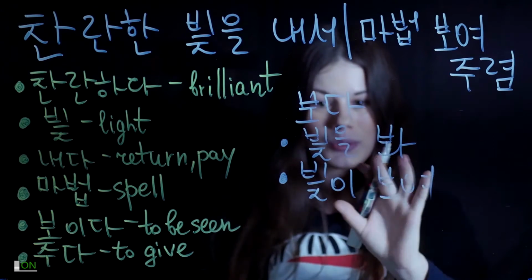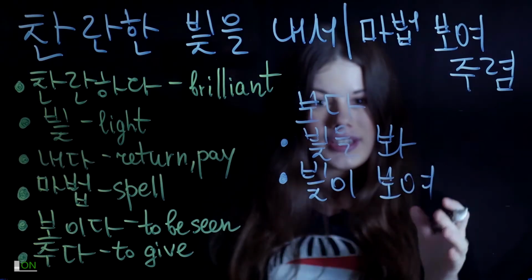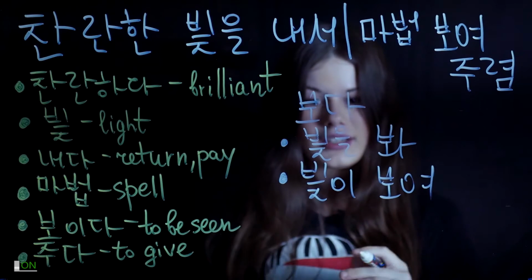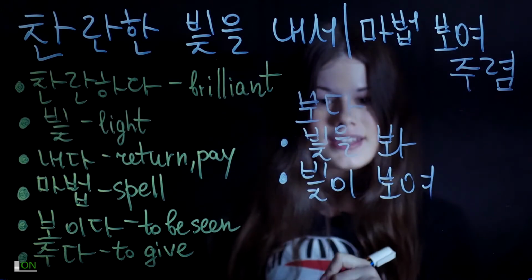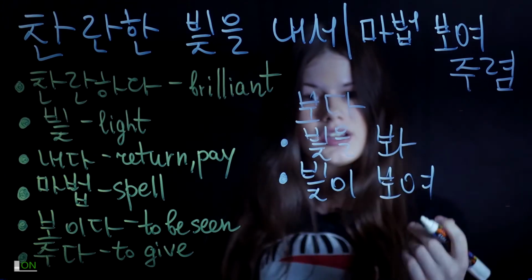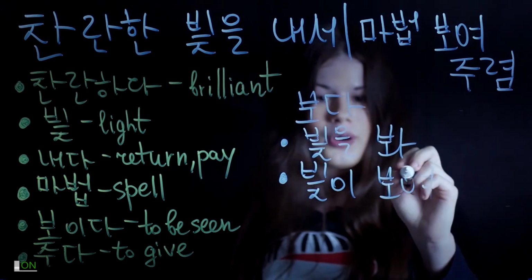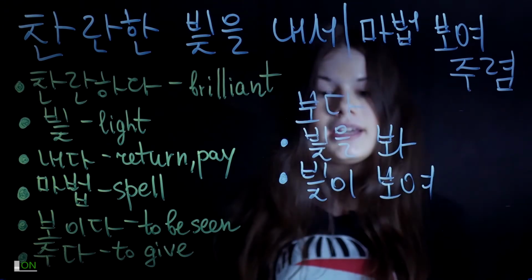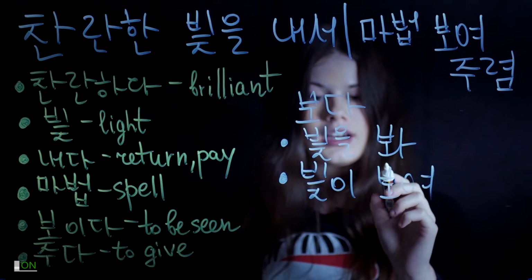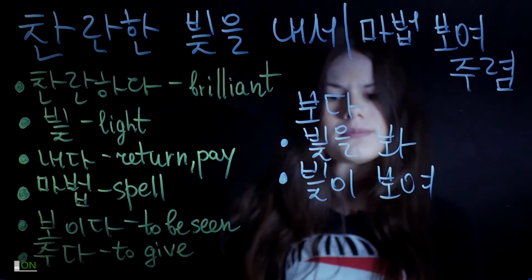If you know how to conjugate already, let's continue. 빛을, as I said, 빛 is light. 을 is the object particle, and 봐 is the conjugated version of the verb 보다. And this sentence means I see the light.